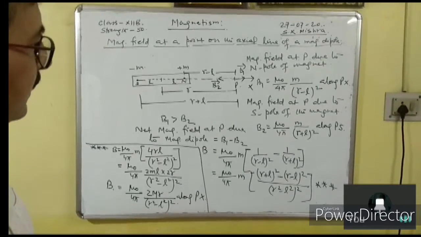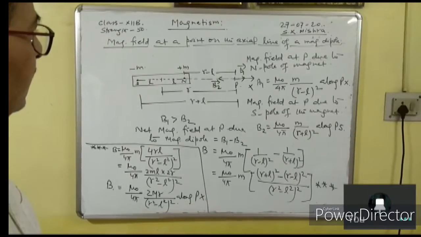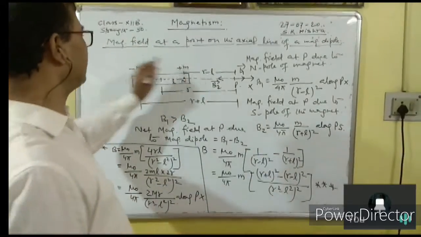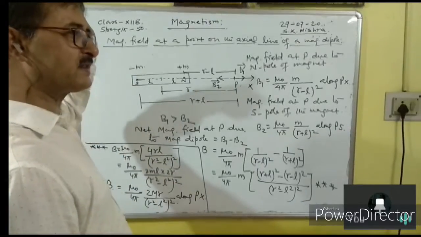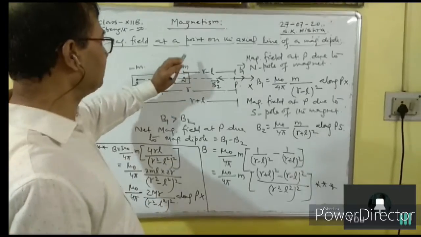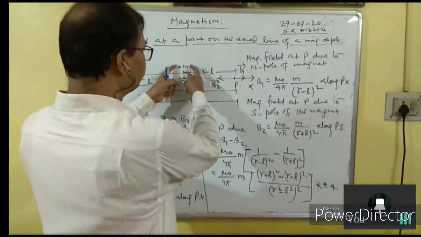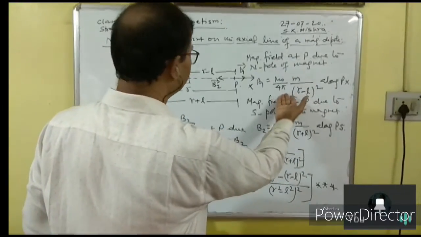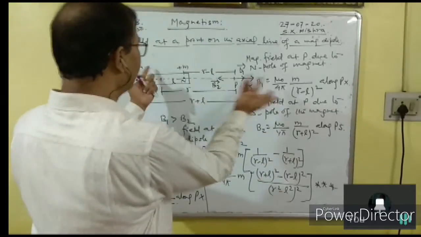It's nothing but 4AB, divided by denominator (R square minus L square) whole square. Am I right? Yes, 4RL by (R square minus L square) whole square.